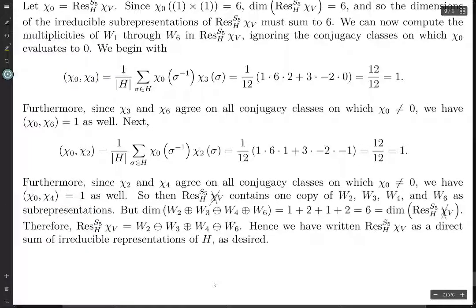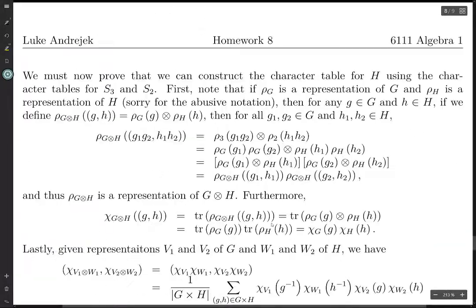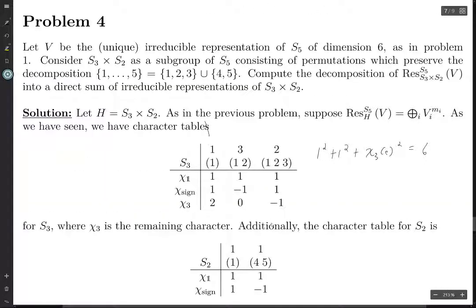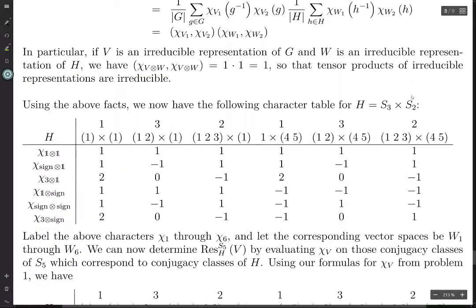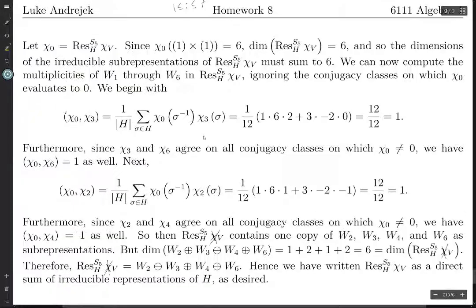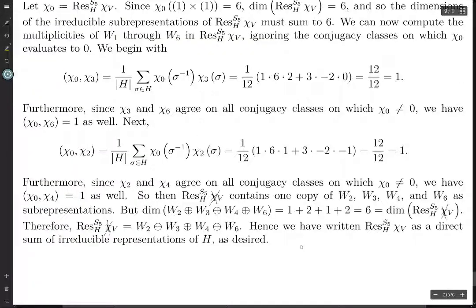Therefore, this restricted representation, I made this issue a lot of times, is the direct sum of these. Wait a minute, what's the problem statement? Yeah, even the problem statement has it as the restricted thing of V. So I just made typos all throughout here, but the idea of the proof is correct.